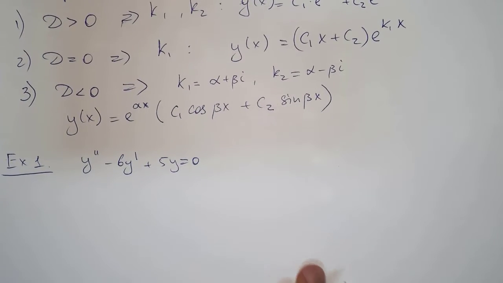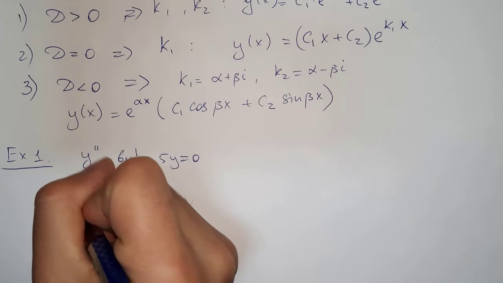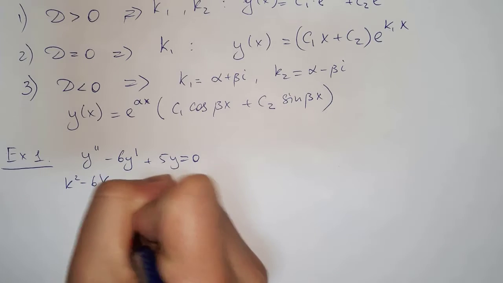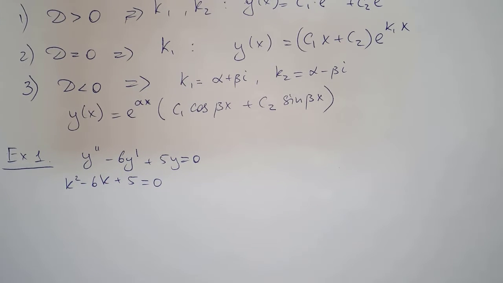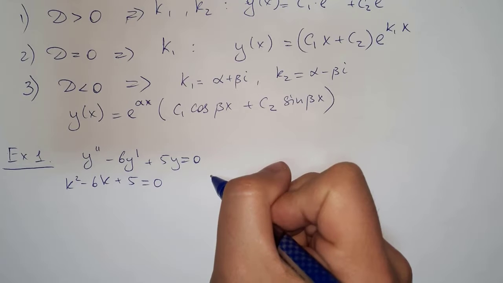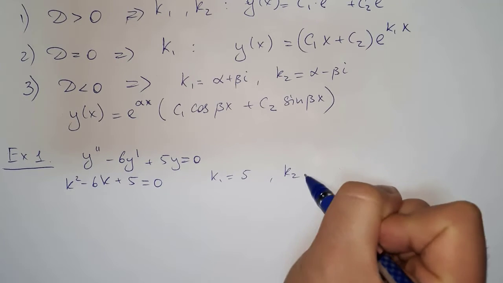Okay, so how to solve this example? Here let's write the characteristic equation: k squared minus 6k plus 5 is 0. And the roots of this equation are k1 is 5 and k2 is 1.